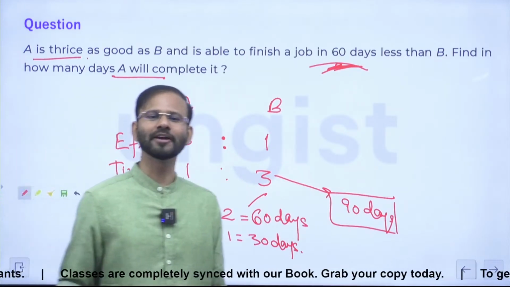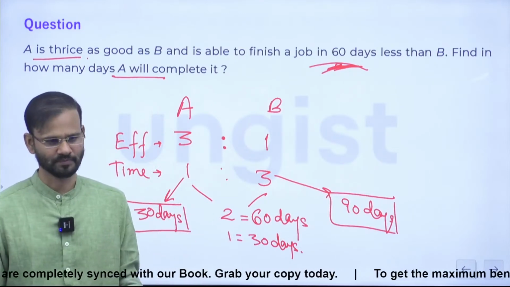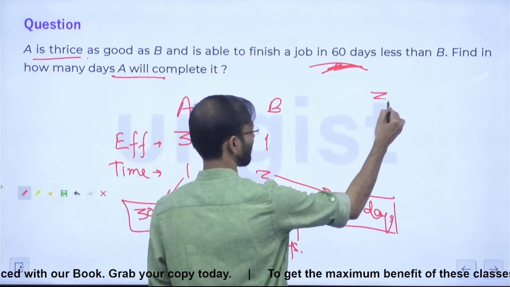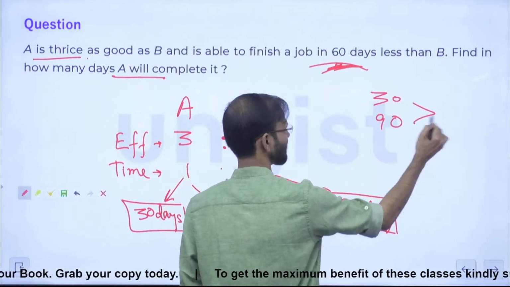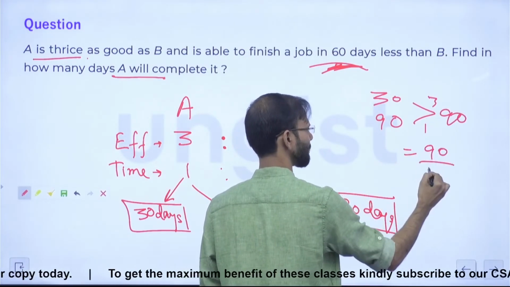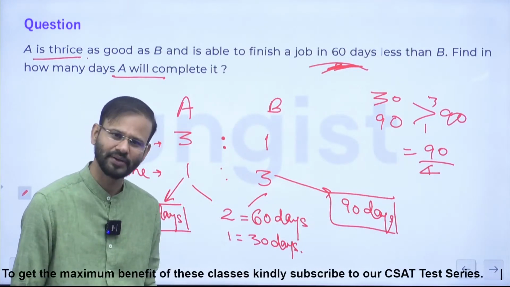Yes, 90 by 4 is the right answer. Right? 90 by 4 is 22.5. Everybody is clear? Right? देखिए 30, 90, LCM is 90, so this is 3, this is 1, so 90 by 3 plus 1, which is 4. Guys, it is fine. Right?